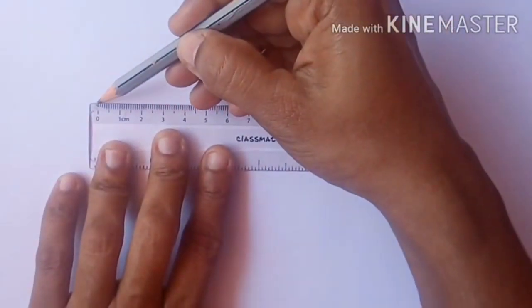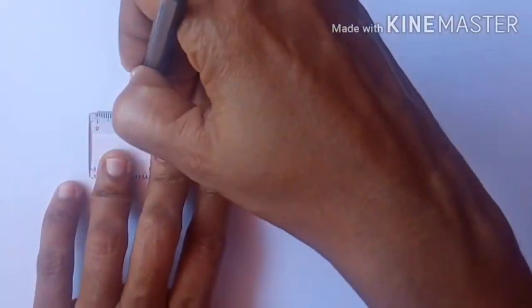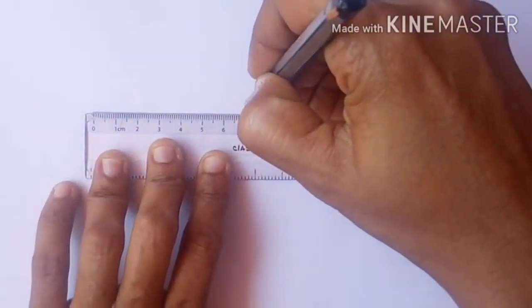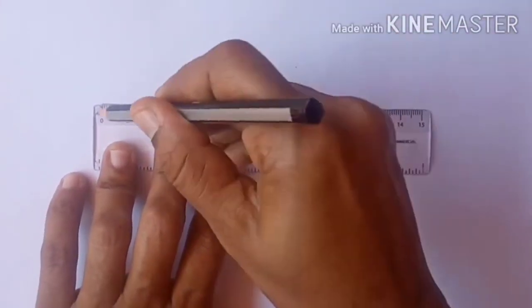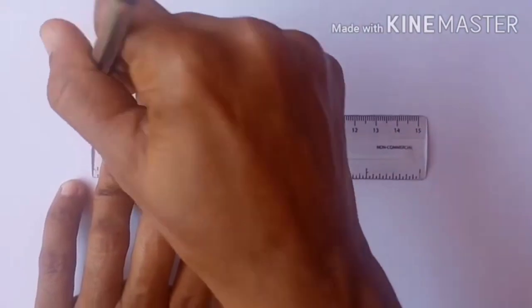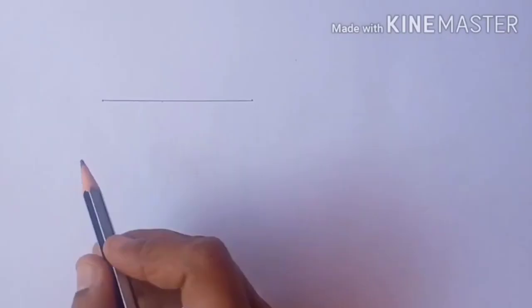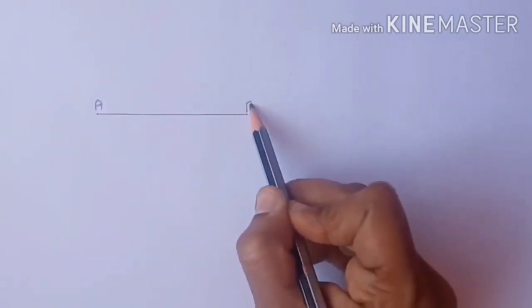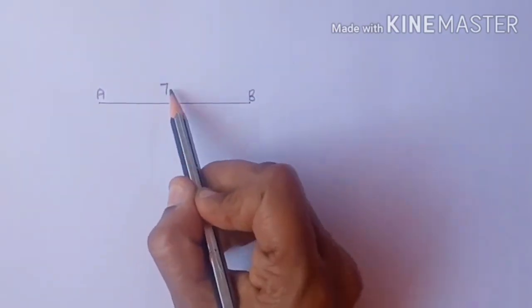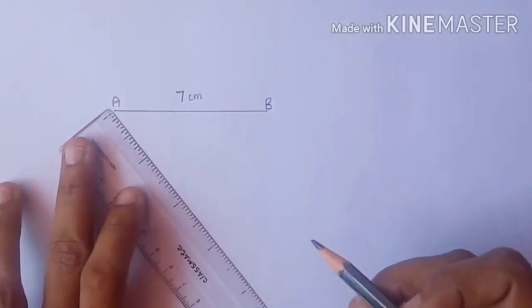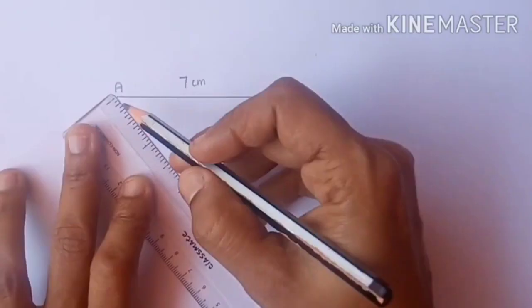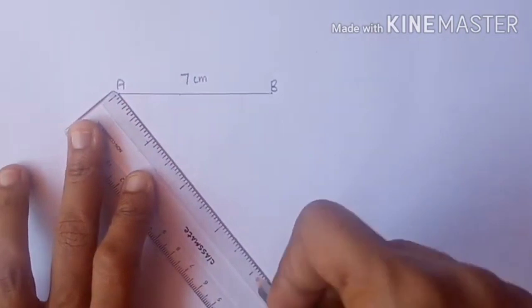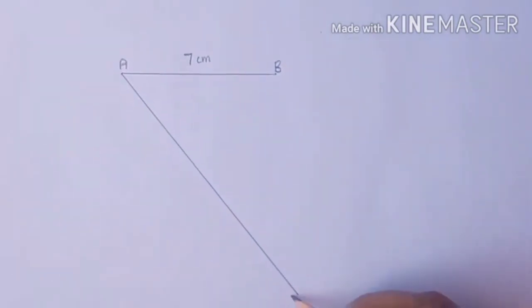Using your ruler, draw a line segment of length 7 cm. And label it as AB. Draw a ray AX which makes an acute angle with the given line segment AB.